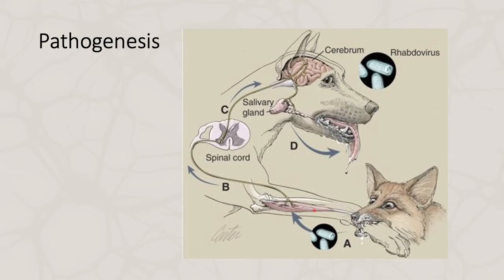Virus spreads passively by intraaxonal flow in peripheral nerves at a rate of about 100 millimeters per day, so 10 centimeters per day. Both motor and sensory fibers may transport the virus. The greater the degree of innervation at the site of the bite, the shorter the incubation period.